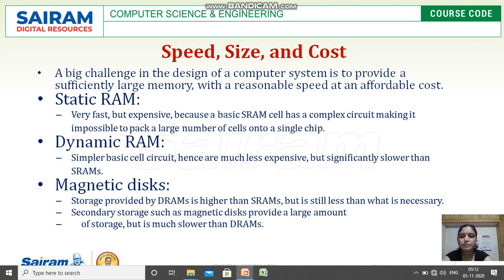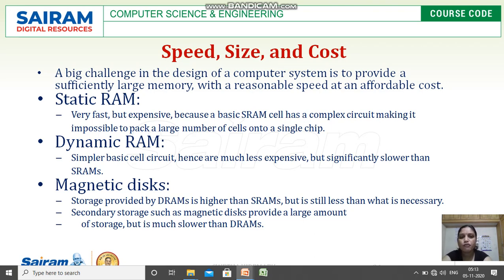Coming to the next type of memory, dynamic RAM has a simpler basic cell circuit, hence it is much less expensive, but significantly slower than SRAMs. Because of the simpler circuit, it can be implemented in larger number on a single chip.